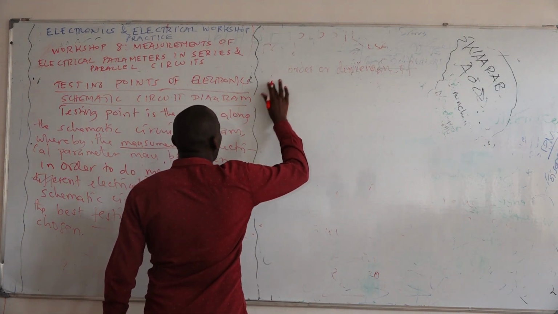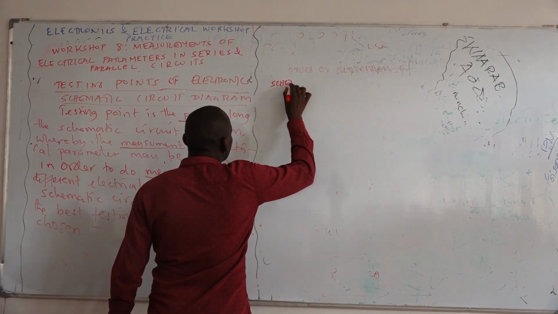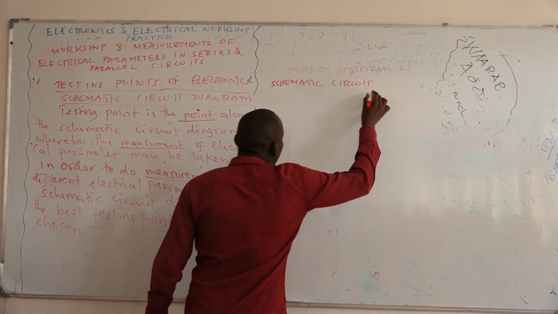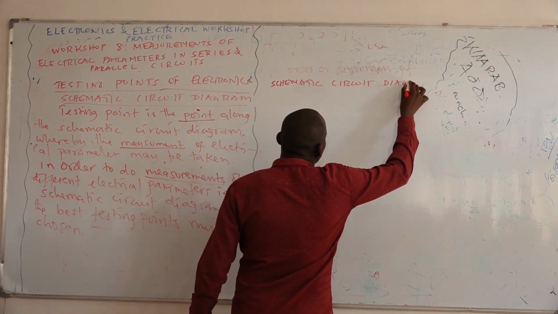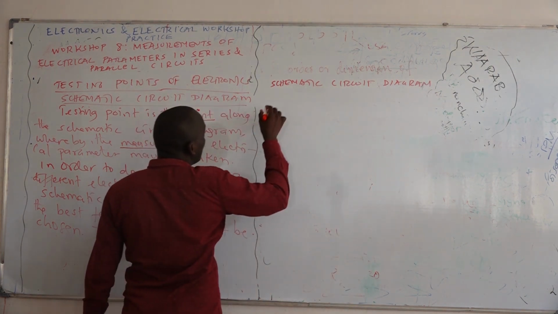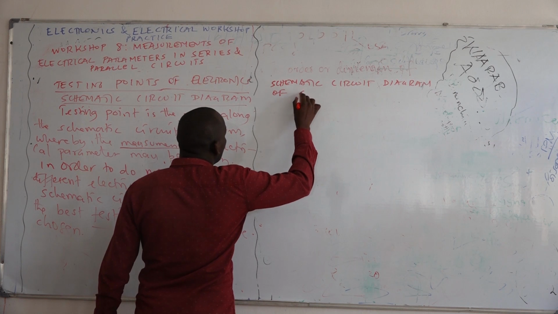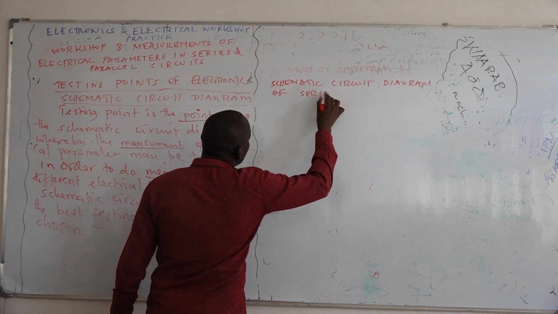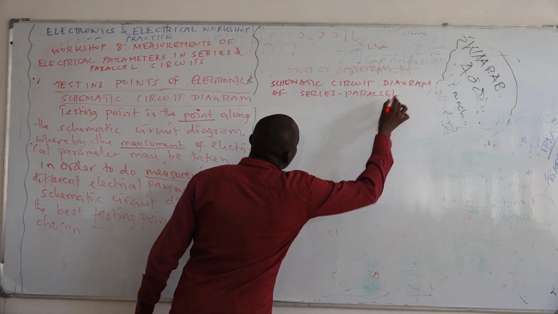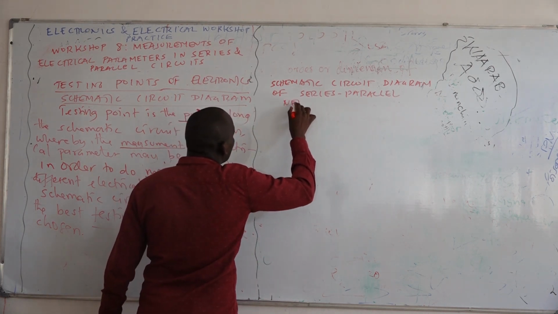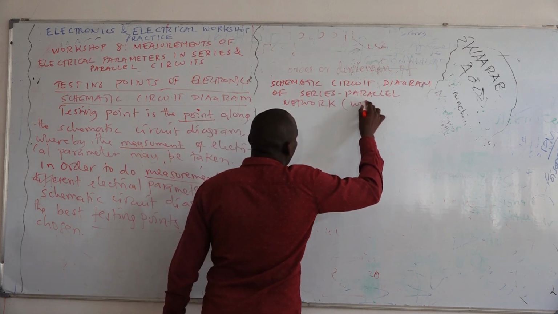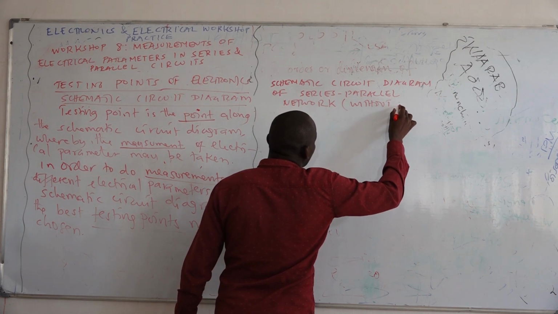So this is a schematic circuit diagram of a series, parallel network, and we put in brackets: without testing point.